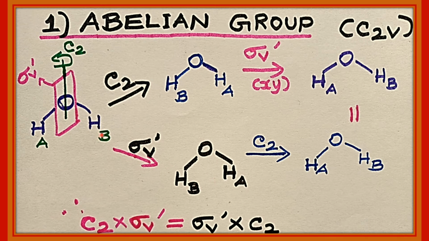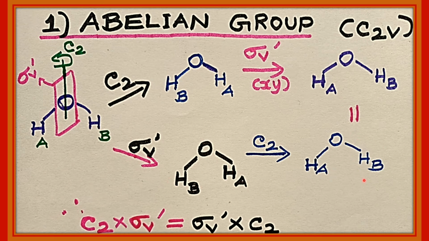This is the plane. Therefore, this will come here. And next the C2 operation is carried out. The C2 operation is the same as sigma V prime only, so this will come here by rotation.